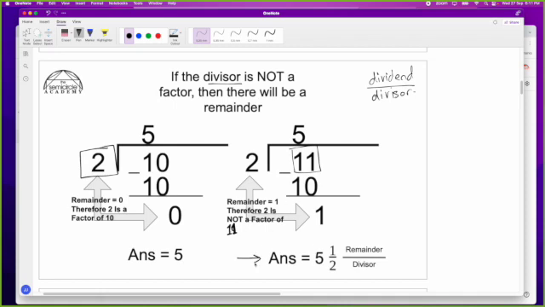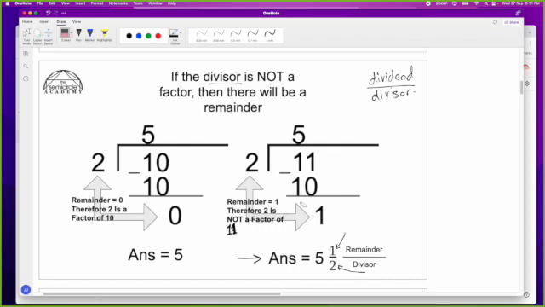Notice the answer is the closest factor that we got, which was 5, which is not really a factor of 11. That's just the closest one we get. And the remainder of 1 over the divisor, the thing that is doing the dividing. These are really important things to understand. We are not doing anything more than this. This is all we do.